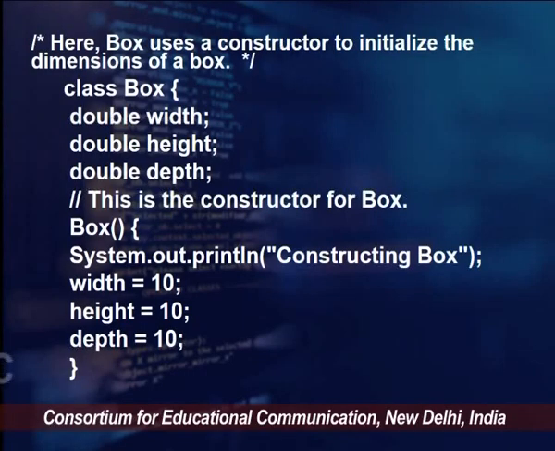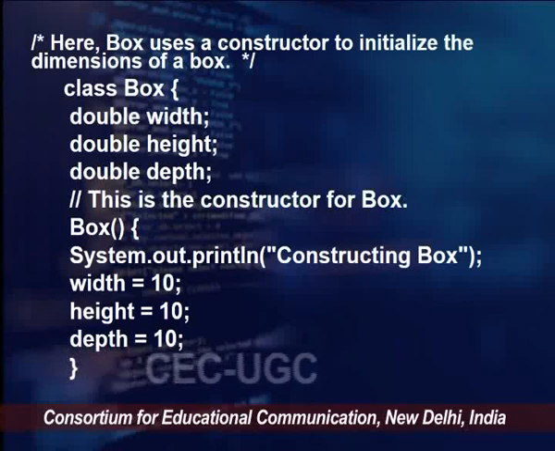So within this class we have one function, volume, which returns the multiplication of width, height and depth, and another function, which is nothing but the constructor for the class Box. Presently what this constructor does is initialize width, height and depth as 10 each.